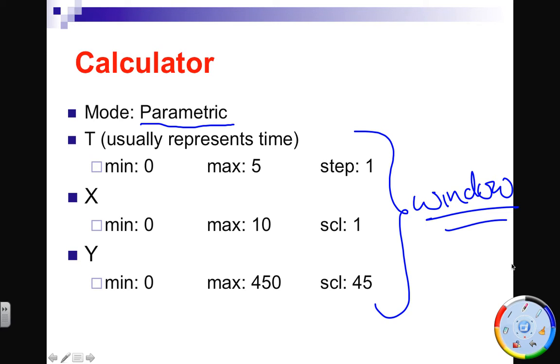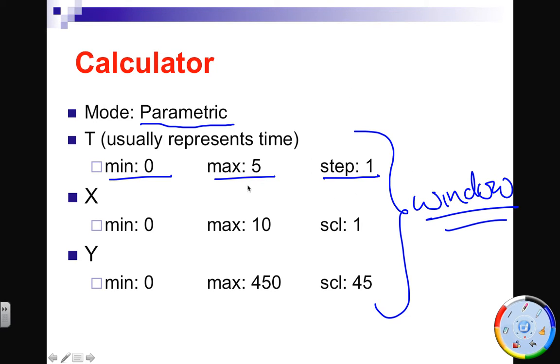So t min of 0, t max of 5 with a t step of 1. What this is saying is I'm going to start at 0 seconds, go to 5 seconds, and I want it to take a calculation at every second. If you could figure out the height at every single second, you could create the points for this graph.